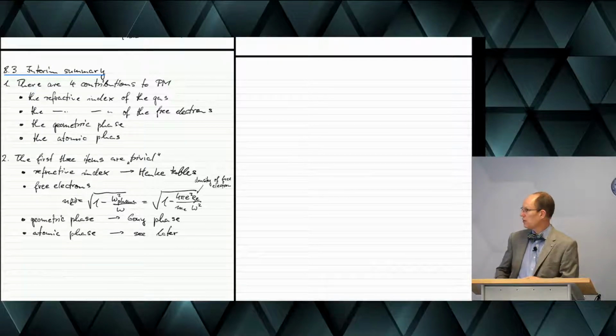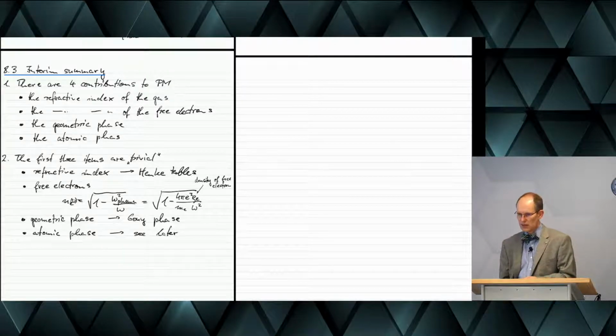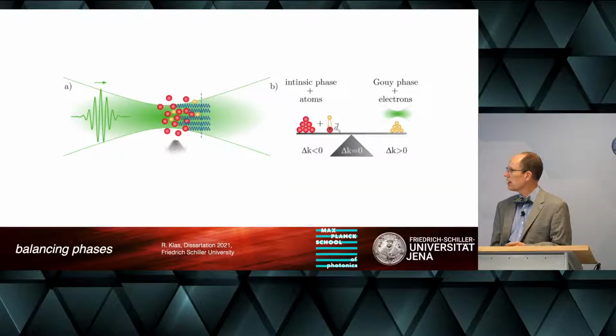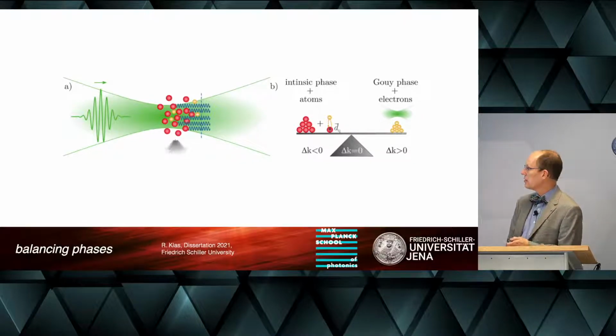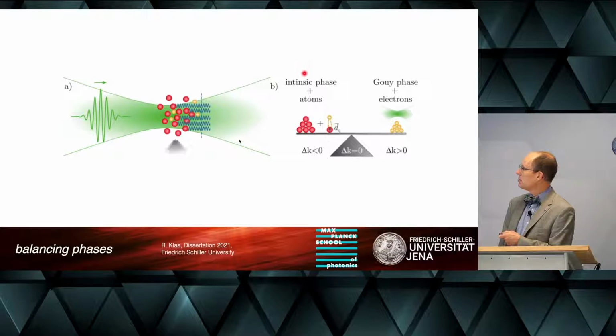I have a slide that shows this balance. I've stolen this figure from the dissertation of Robert Klaas, who wrote an extremely beautiful work on that. So he calls it the intrinsic phase, what I call the atomic phase. Then this is the refractive index of the atoms. So in general, this gives a delta k smaller than 1.